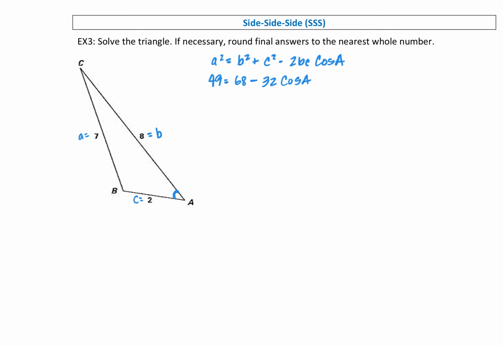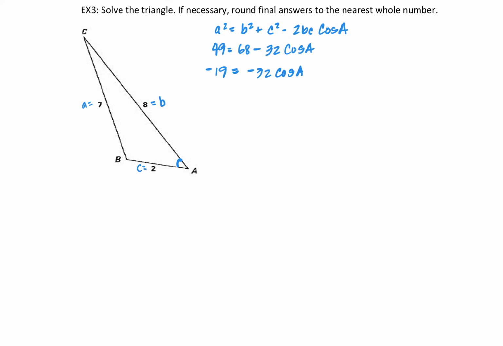Now, if I were to subtract the 68 from both sides, remember, you're not doing 68 minus 32, which everybody wants to do. You're subtracting the 68 first from both sides. Our goal is to get the cosine of A by itself using order of operations. That would give me a negative 19 equal to a negative 32 cosine of A. And at this point, I would just divide both sides by the negative 32.